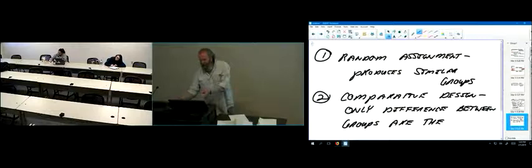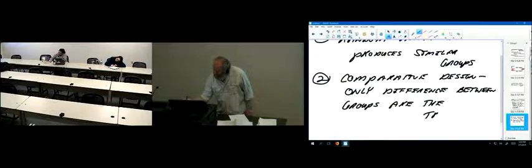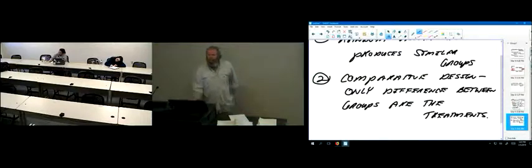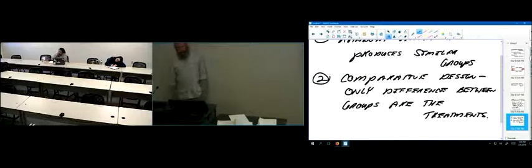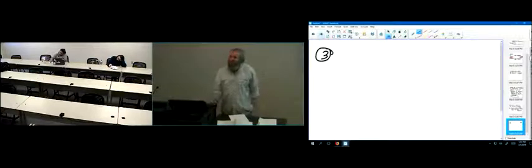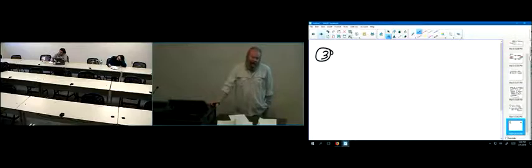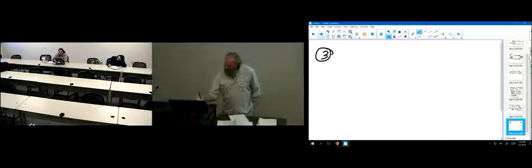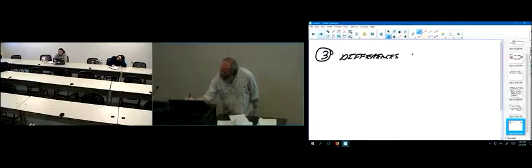Look, I didn't write anything down that you haven't already talked about tonight here. It's number 3 that's of interest. That's the randomized comparative part. Number 3 is what we're interested in. Okay, so you've done all the right stuff. You randomly made the groups, so that produces similar groups. You're going to use the comparative part, so the only difference between your actual groups are the treatments that you're interested in. And now it's number 3. This is the new part. Okay, so what kind of thing can I say after the experiment's over? Now, the differences in the response variable.